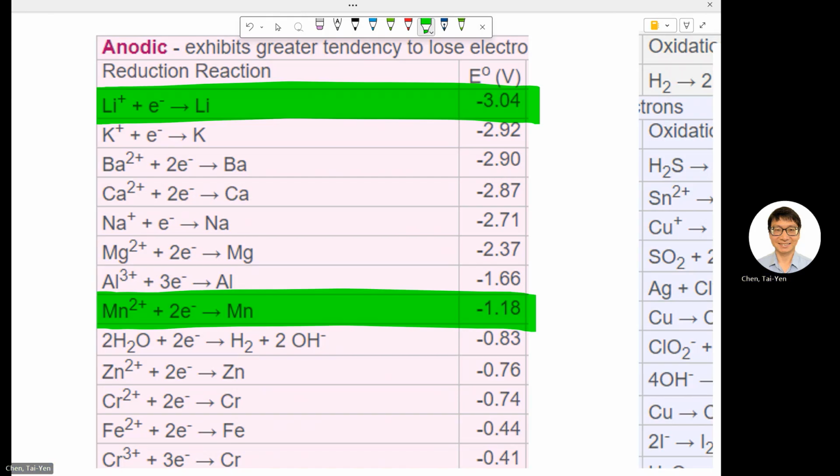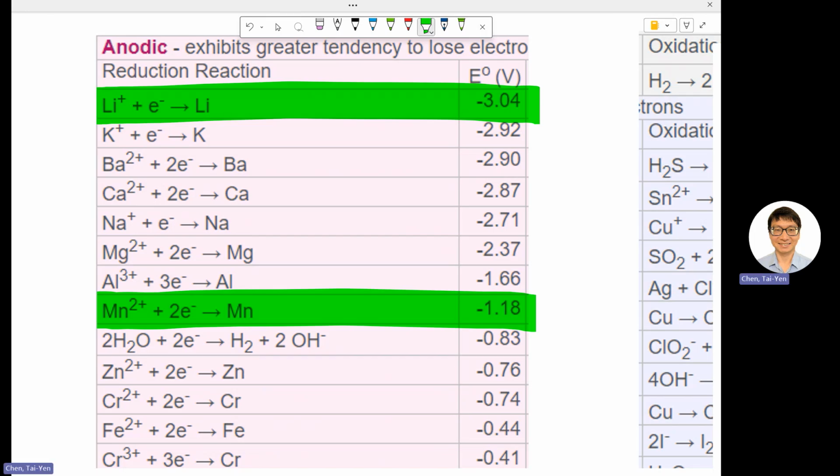If today I have a mixed molten salt, where the 2 ions are lithium plus and manganese 2 plus, which one am I going to see first at my cathode when I do the electrolysis? Manganese, because manganese requires less voltage to get reduced.